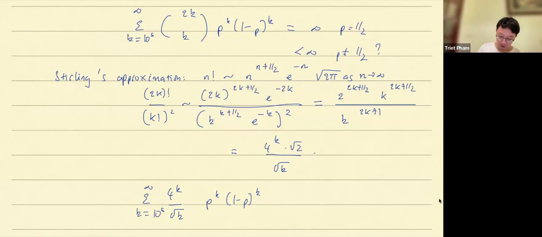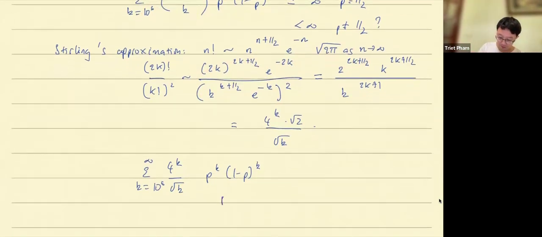But you see what's going on here, because if p is equal to 1/2, then p to the k times 1 minus p to the k is exactly 1 over 4 to the k.